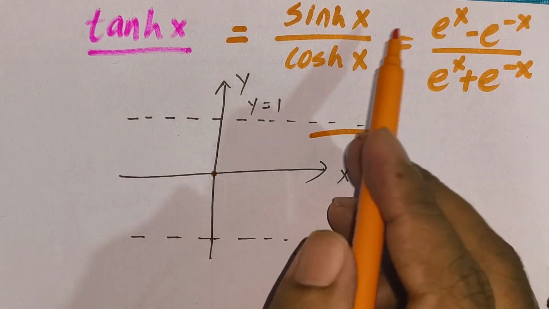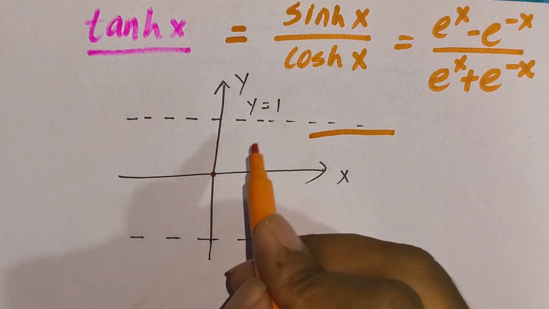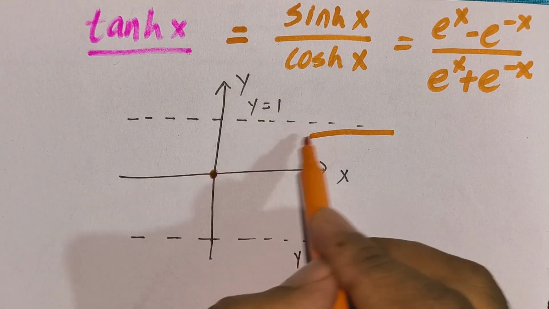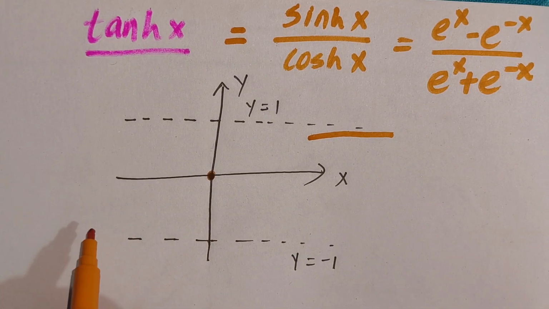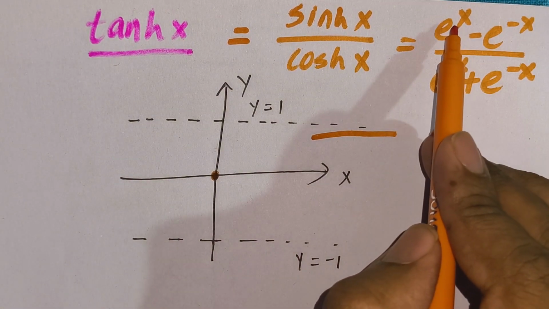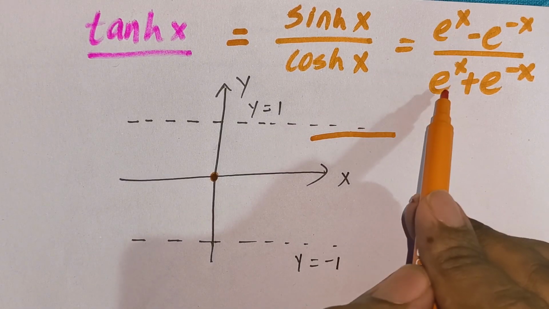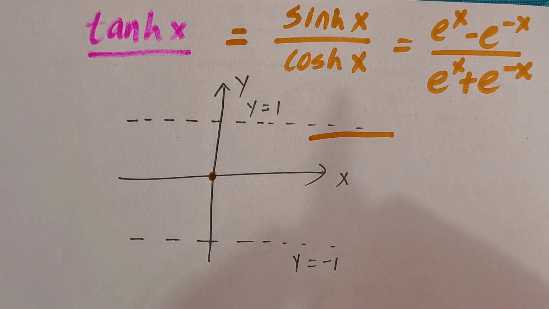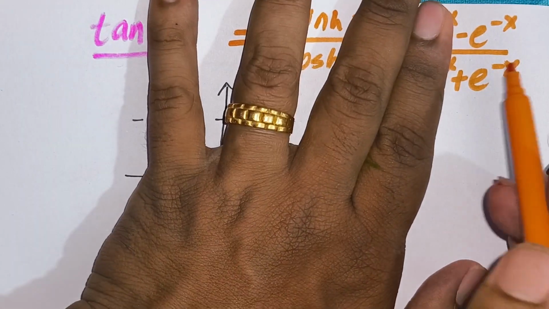At 0, hyperbolic sine is 0 and this is 1. So at 0, the y value of hyperbolic tangent is 0, so this graph will go through the origin. And for large negative x, e to the power x goes to 0. When x is large negative, this goes to 0, this goes to 0. They will decide where hyperbolic tangent will go. And what are you left with?